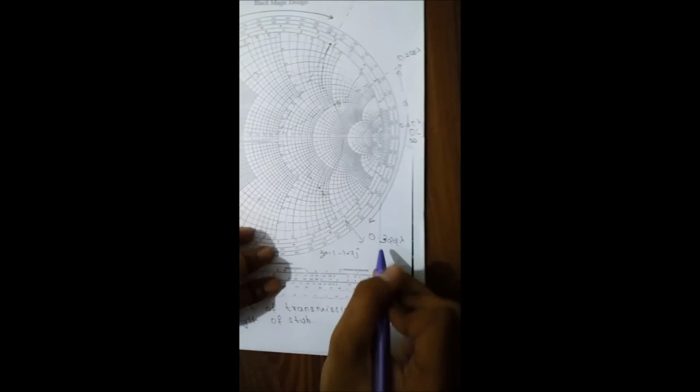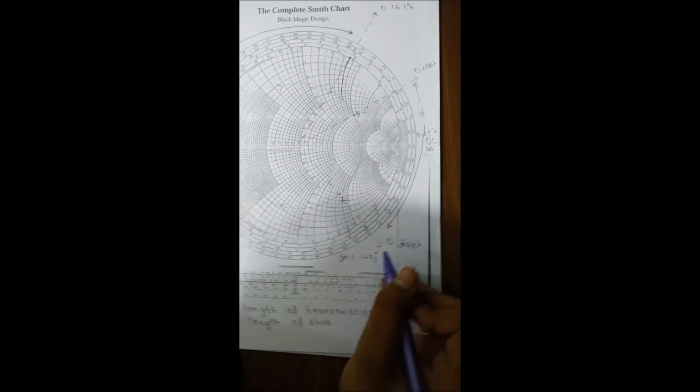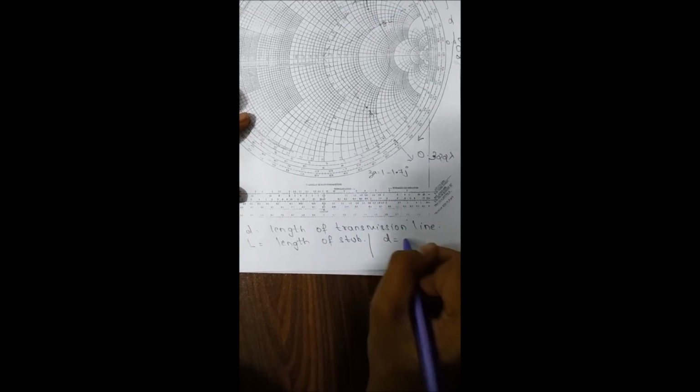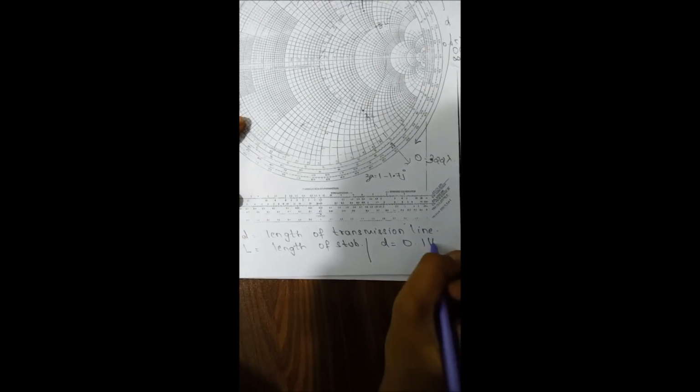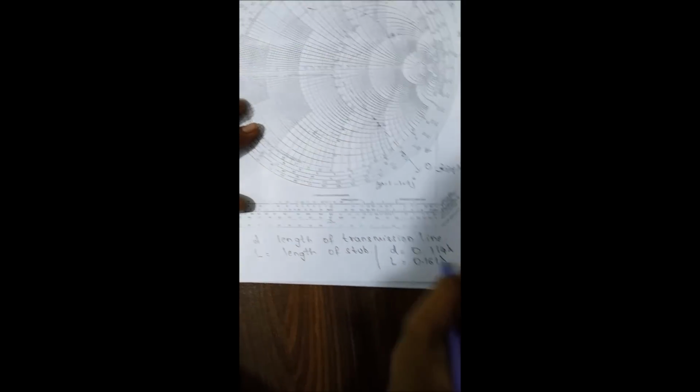For calculating D, just subtract: 0.322 lambda minus 0.208 lambda. We get D as 0.114 lambda and L as 0.161 lambda.